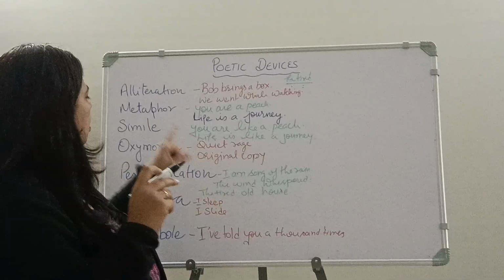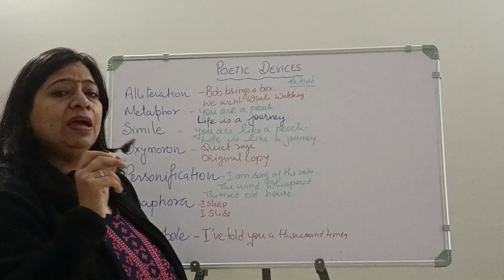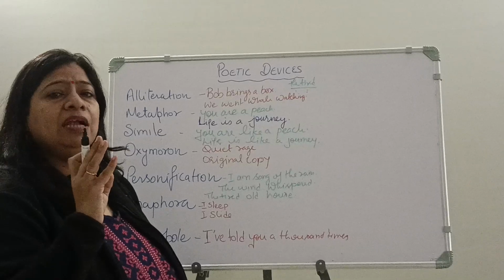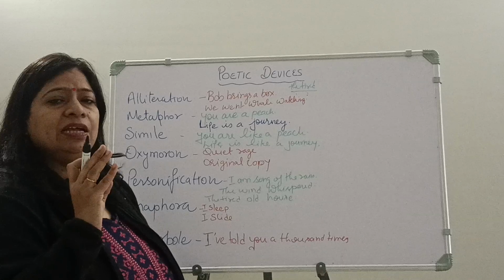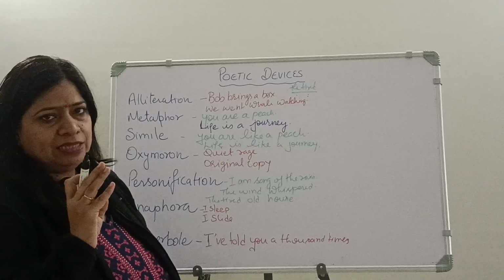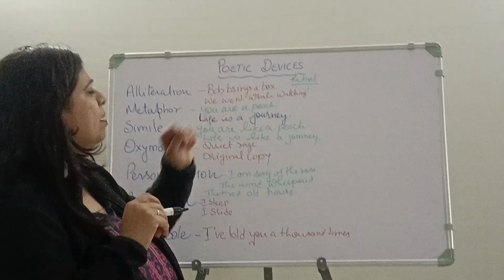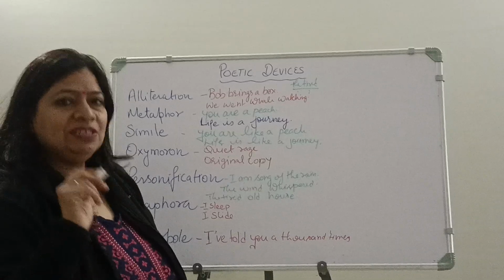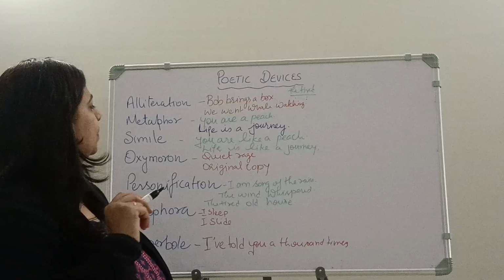In this metaphor, we don't have the comparative words, the words of comparison like as, such and like. When we don't have words like as, such and like, and comparison is there, that is called metaphor. So metaphor, you are a peach. Actually, the meaning is you are like a peach. But like is not there. That is why it is metaphor.